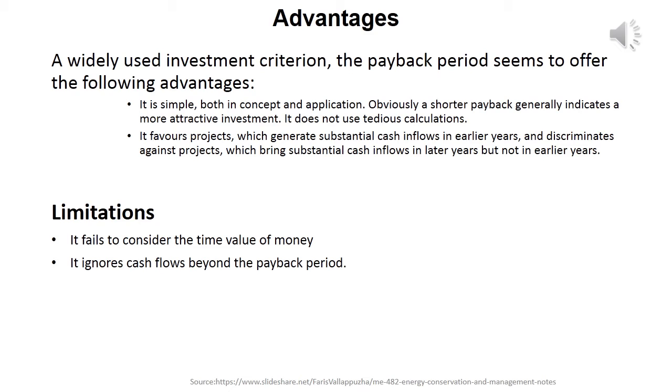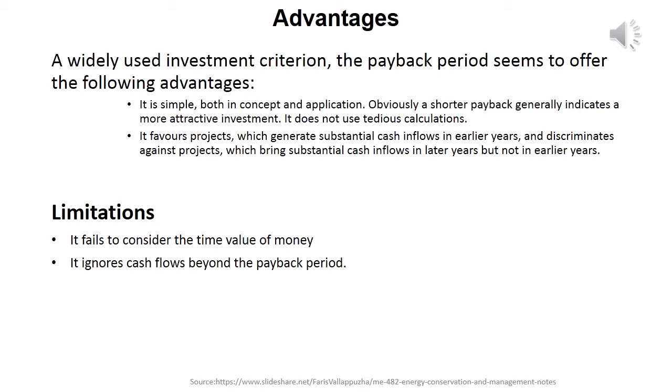Second, it favors projects which generate substantial cash inflow in earlier years and discriminates against projects which bring substantial cash inflow in later years but not in earlier years. Friends, if we have two or three options, then in which project do we have to invest?